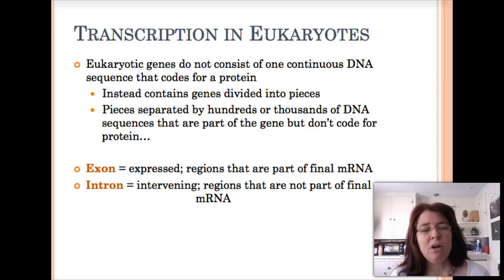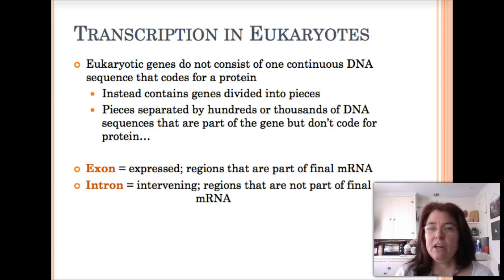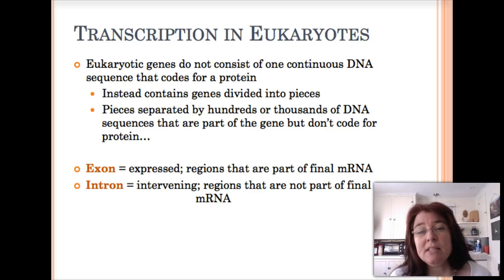The first part of that processing involves removing pieces of the RNA molecule that are not necessary for translation. It turns out that eukaryotic genes don't consist of one long continuous piece of DNA. That might seem a little counterintuitive to you, but genes are often divided into pieces in eukaryotes.